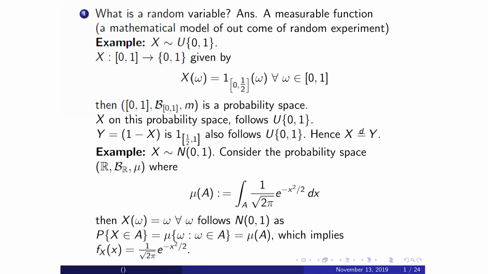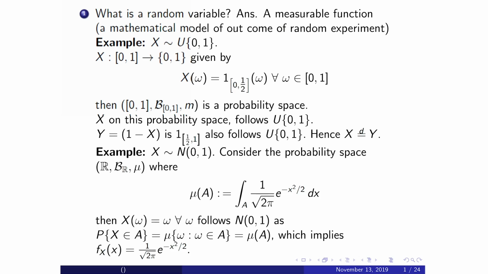Now the right-hand side takes only two values, 1 and 0. It takes value 1 when omega is inside the interval [0, 1/2], and it takes value 0 when omega is outside this interval, correct. Then this indicator function gives you 0.